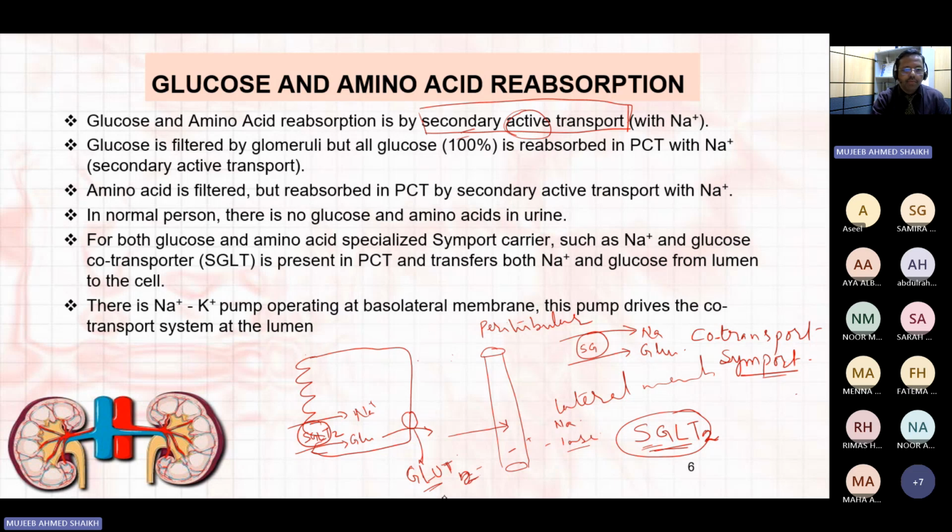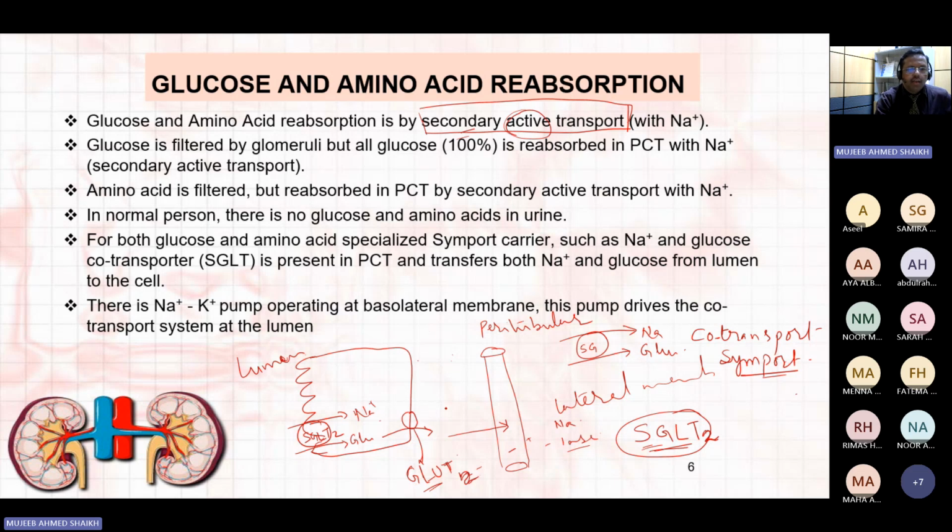But here, which type is present? It is the type known as the GLUT2 transporter. So the first step is from the lumen into the epithelial cells through SGLT2. This is a secondary active transport or co-transport. From here, glucose will go into the interstitium through the process of simple diffusion.